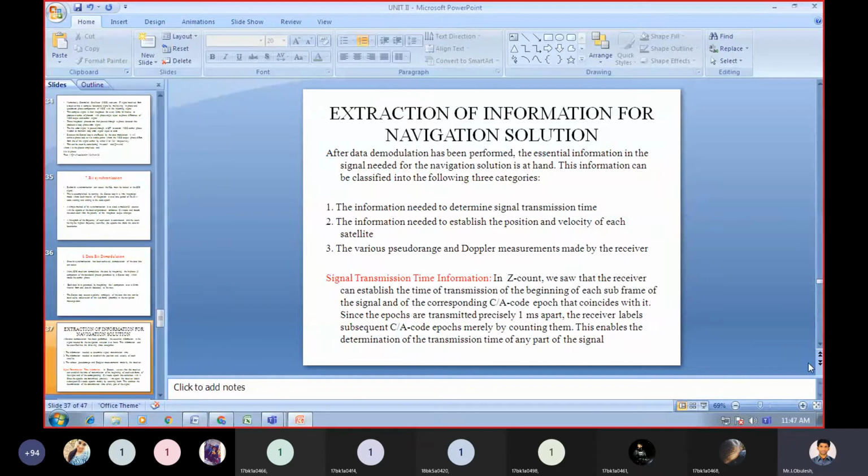This enables the determination of the transmission time of any part of the signal.